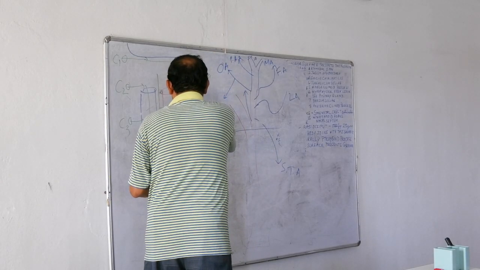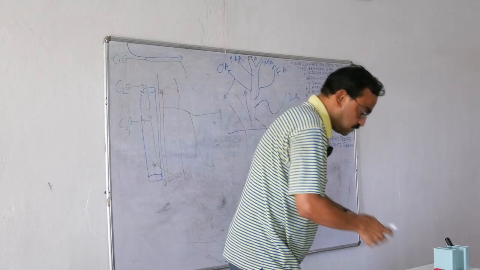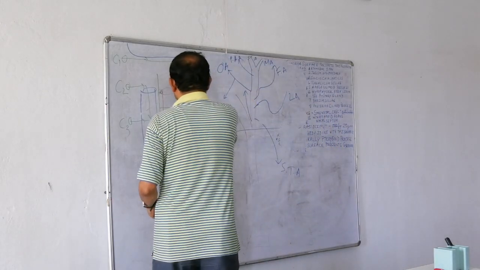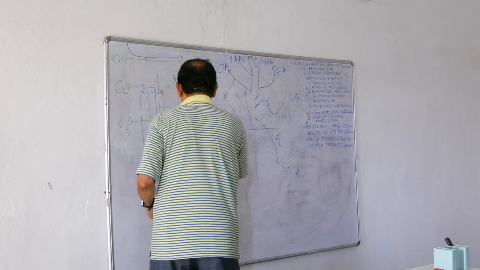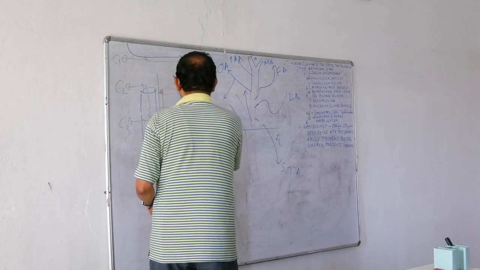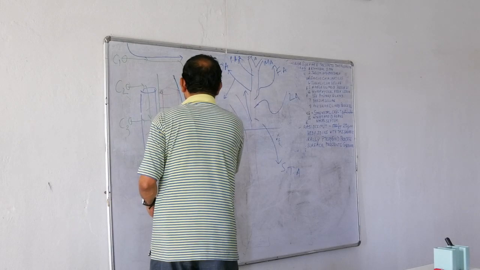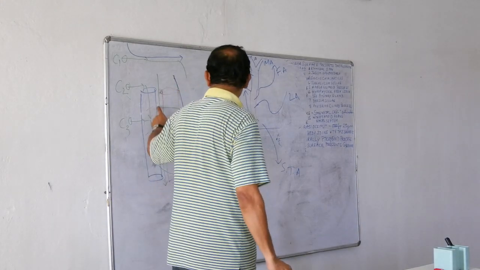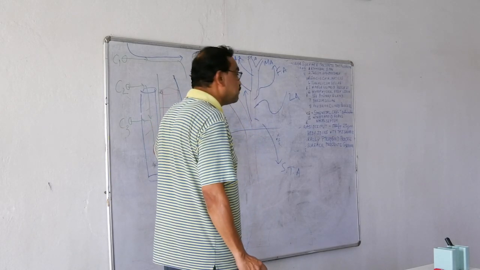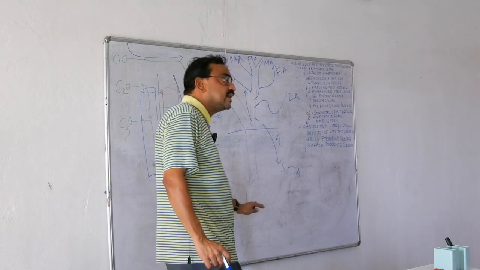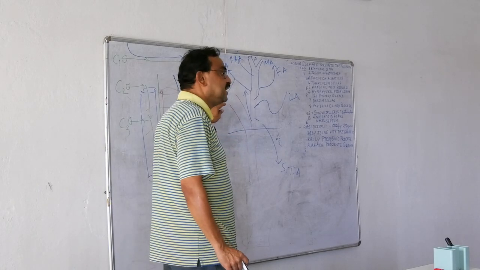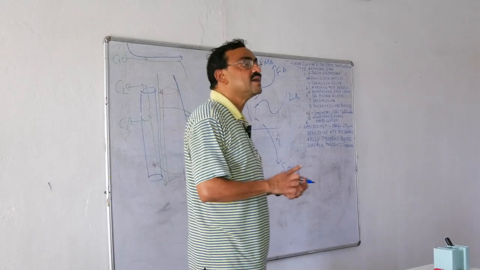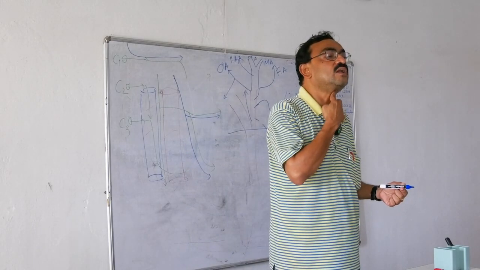Along with the superior laryngeal nerve, the superior thyroid artery is also coming down. Suppose this is the superior thyroid artery coming down. From here, another artery will pass with it. So this is the superior laryngeal nerve, which will divide into external laryngeal and internal laryngeal, and this will pierce the thyrohyoid membrane.